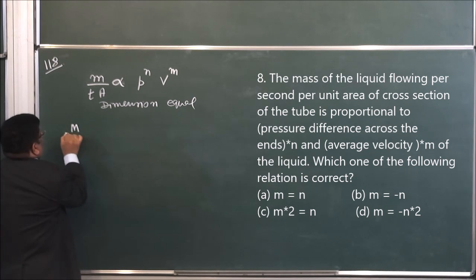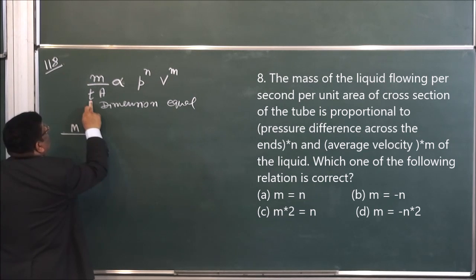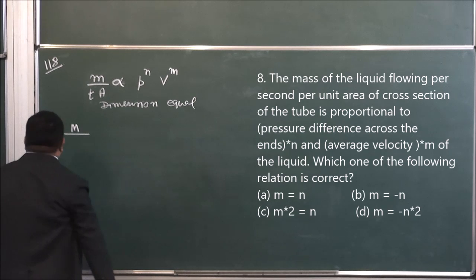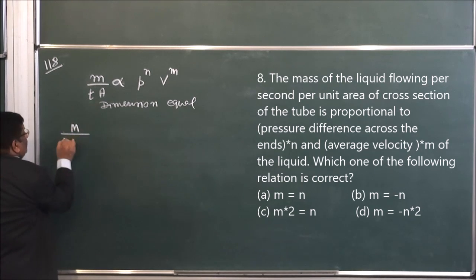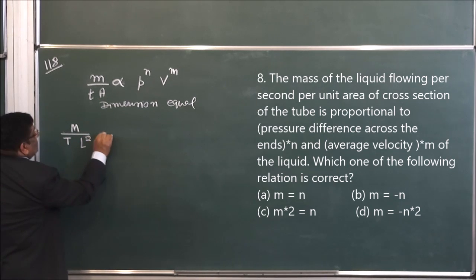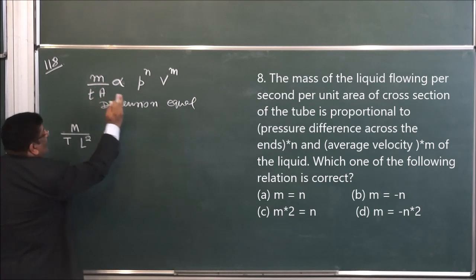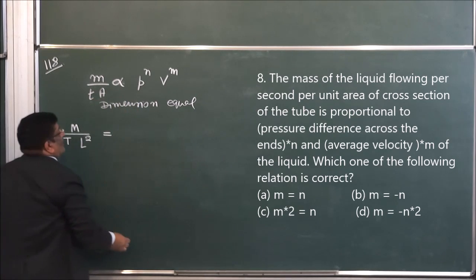M per unit time T, per unit area L^2. This is the left hand side. On the right hand side, this is pressure. Pressure is force upon area.